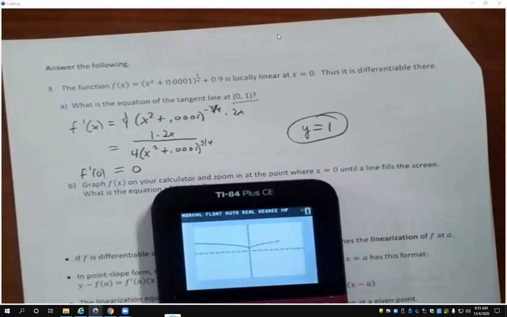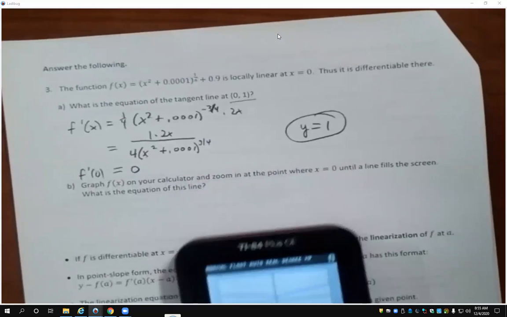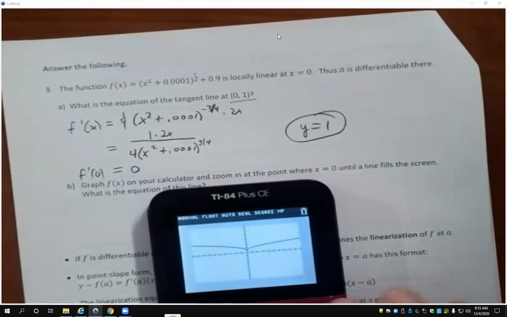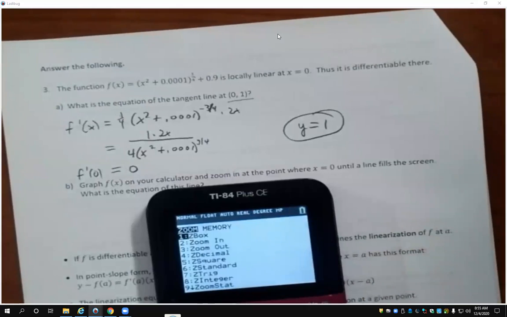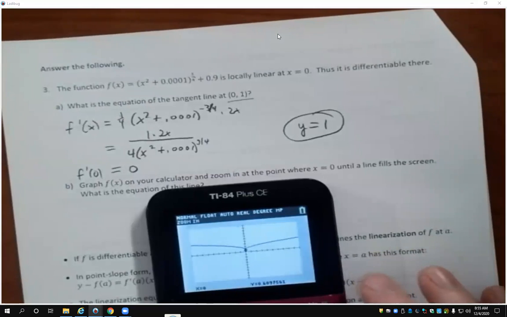which again appears to have that sharp point right there. And what does it tell us to do? Zoom in where x is 0. So we're going to zoom in where x is 0. Hit the wrong button. Right in this area.